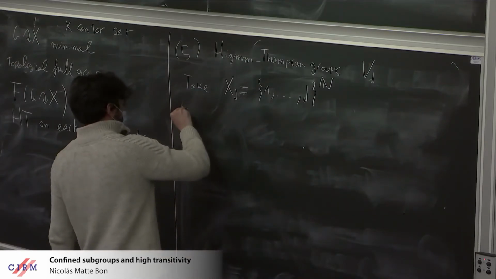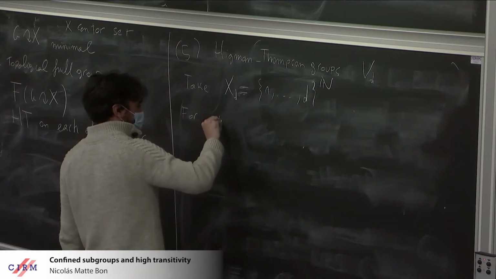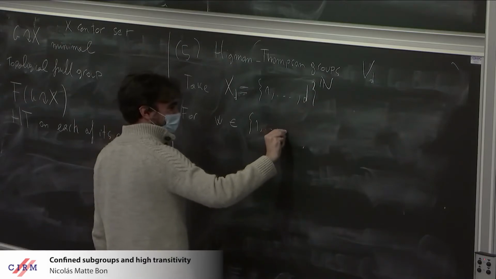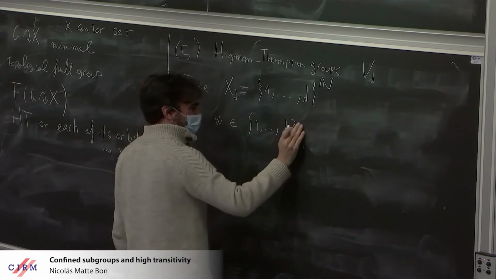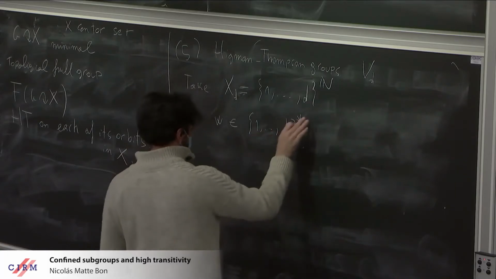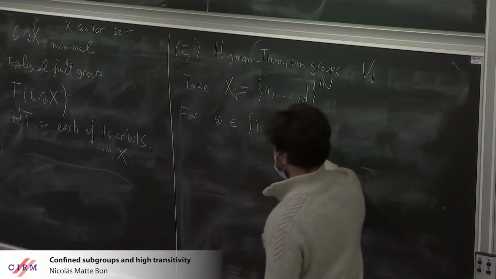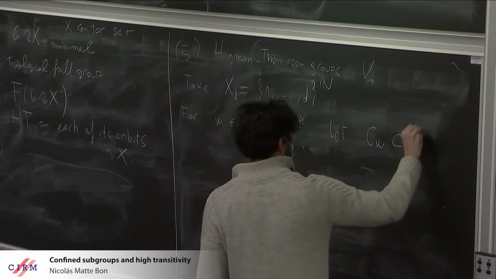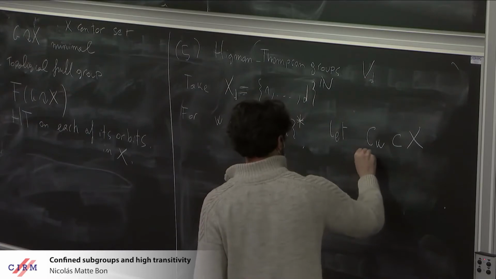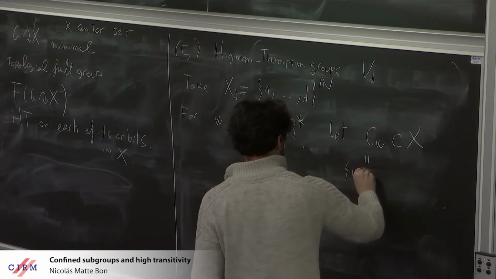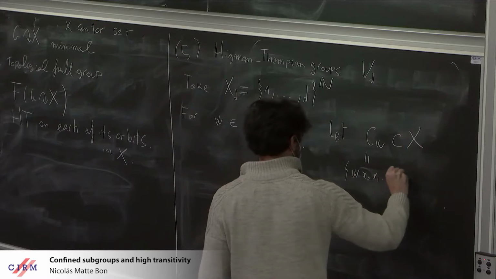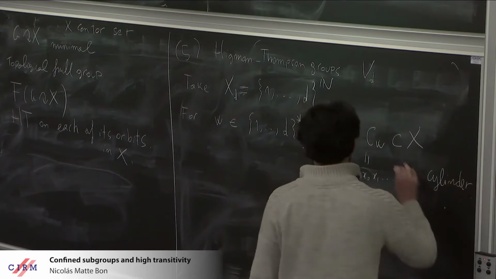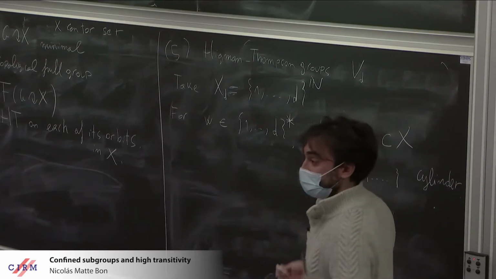Now, for a word W in the finite word in the alphabet, so this is the monoid generated by the alphabet, let CW be the cylinder set, so the closed set of all sequences that start with W.